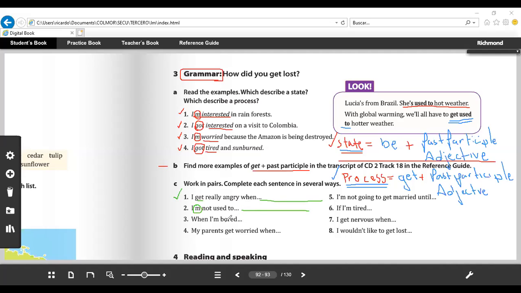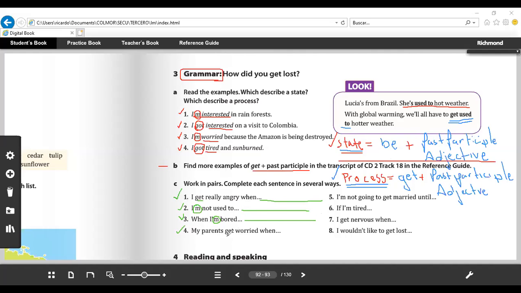When I'm bored, as you can see here, we have the form of the verb to be, so it's going to be a state. What do you do when you are bored? When I'm bored, I turn on the computer and play video games. That's what I do, and that's for real.